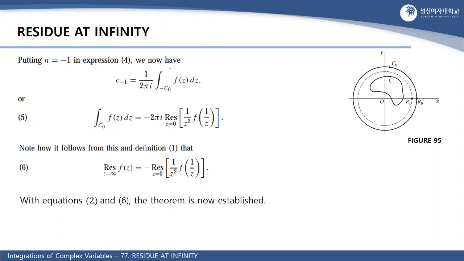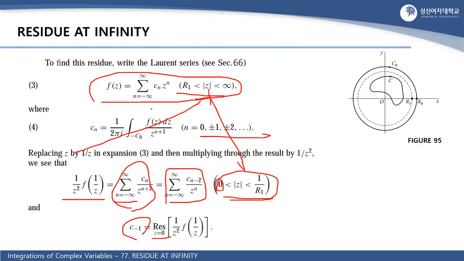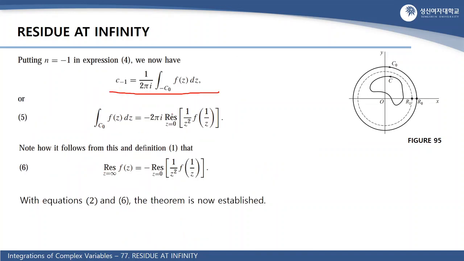So we have the result: C negative 1 is 1 over 2 pi i times the integral along negative C0 of f(z) dz. In another expression, the integral along C0 of f(z) dz is equal to negative 2 pi i times the residue of this function at the point z equal to 0.